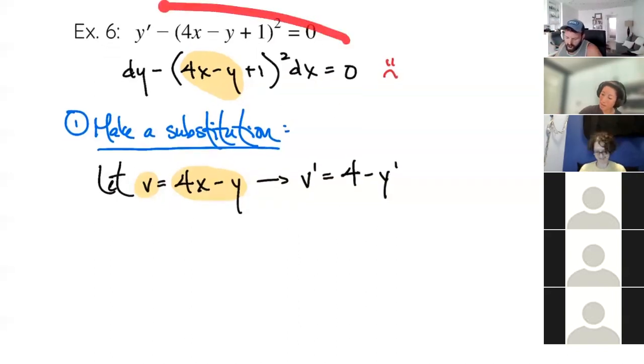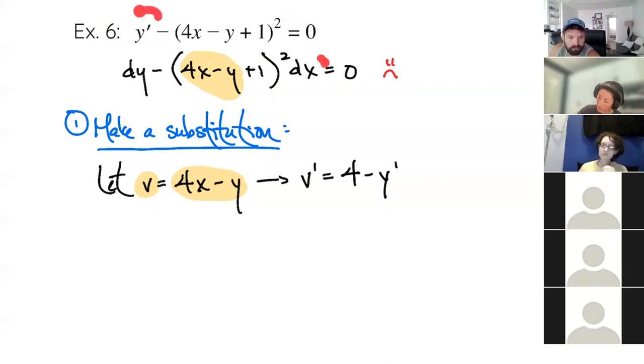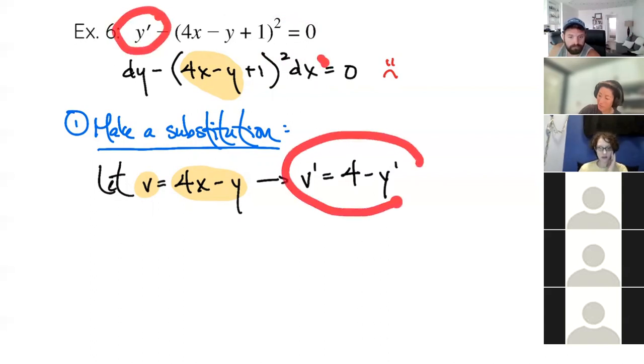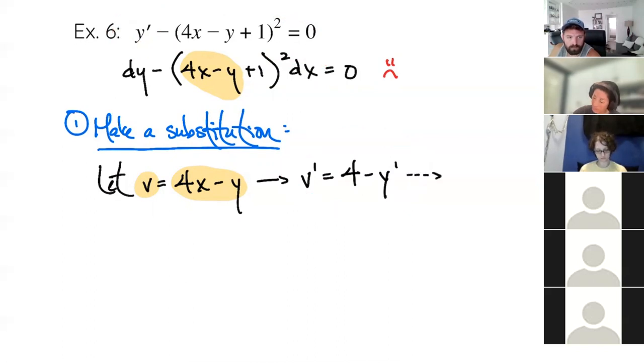Now, let's go back to our original equation and substitute everything we can and see what we get. And we might notice that this part over here, y prime, what's another way I could say y prime? 4 minus v prime. Yeah, use that algebra. We can solve for y prime and get y prime equals 4 minus v prime.